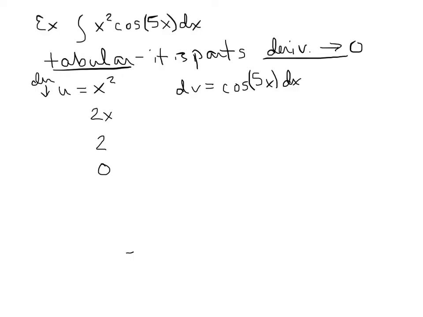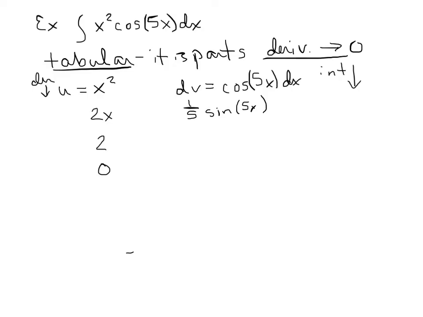So now, for this other side, same as before we integrated, we're going to do the exact same thing. We're going to integrate cosine of 5x, but we're going to keep integrating until we hit the same row that 0 is in. All right, so I'm going to integrate cosine. The integral of cosine is positive sine, and that would get that 1/5 out in front.